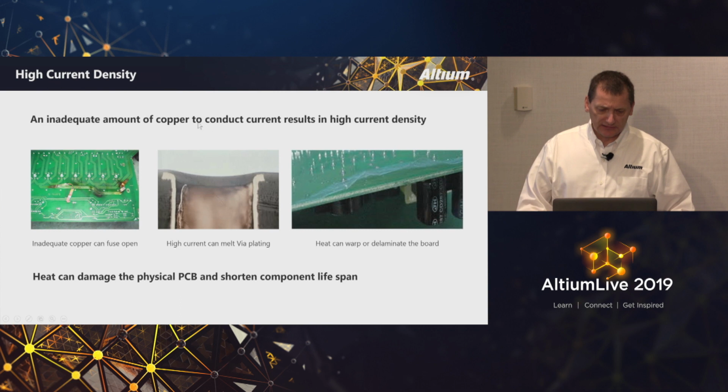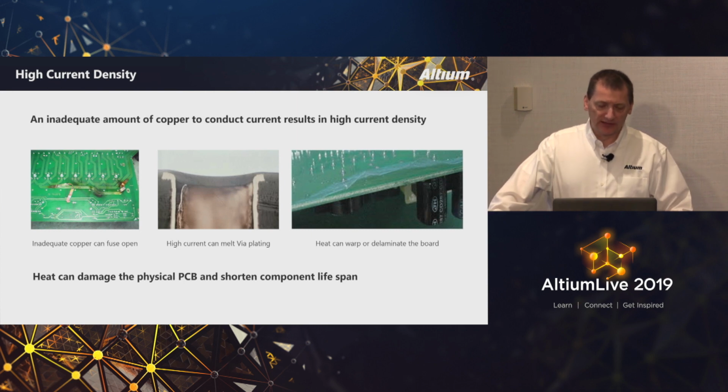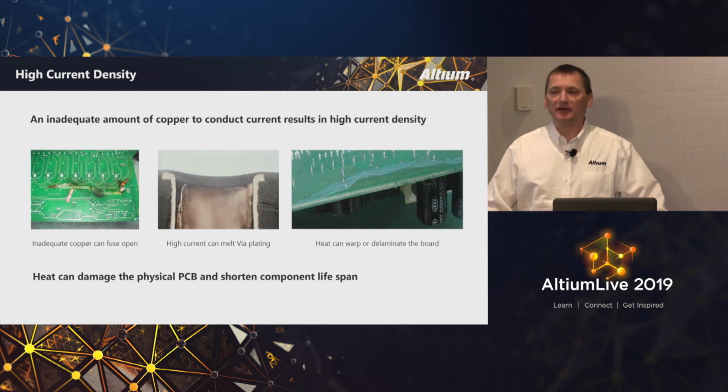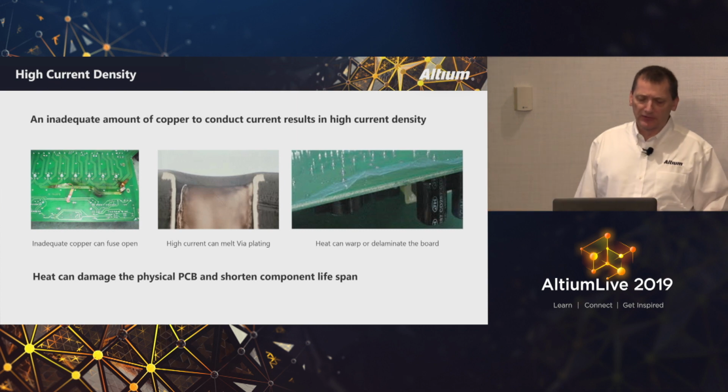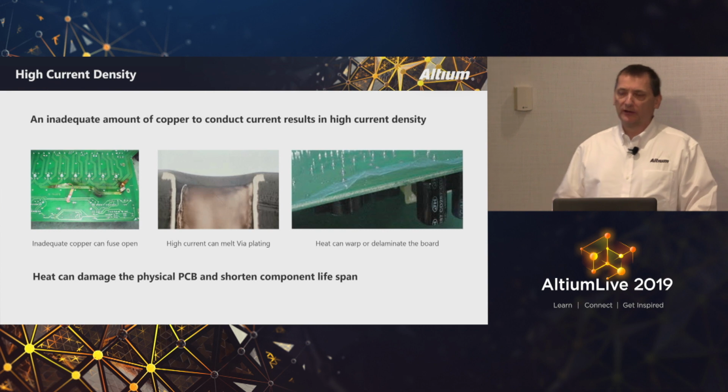So high current density, due to an inadequate amount of copper to conduct the current, can lead to issues like this. So these are just some pretty random, typical examples. You can have fuses or traces that will actually fuse open because the heat can be so much the copper will melt. I have seen this happen on very tiny traces where there's a fan out and the very thin parts of polygons can sometimes fuse open because the polygon is poured.